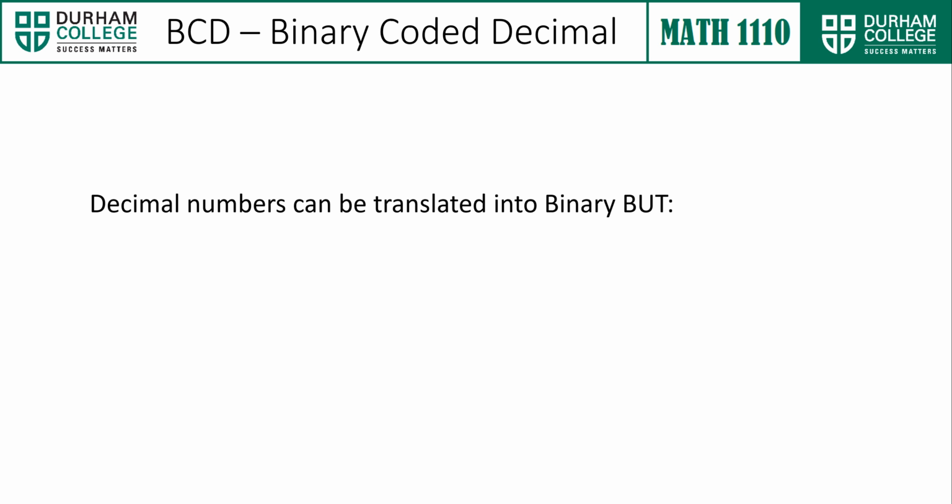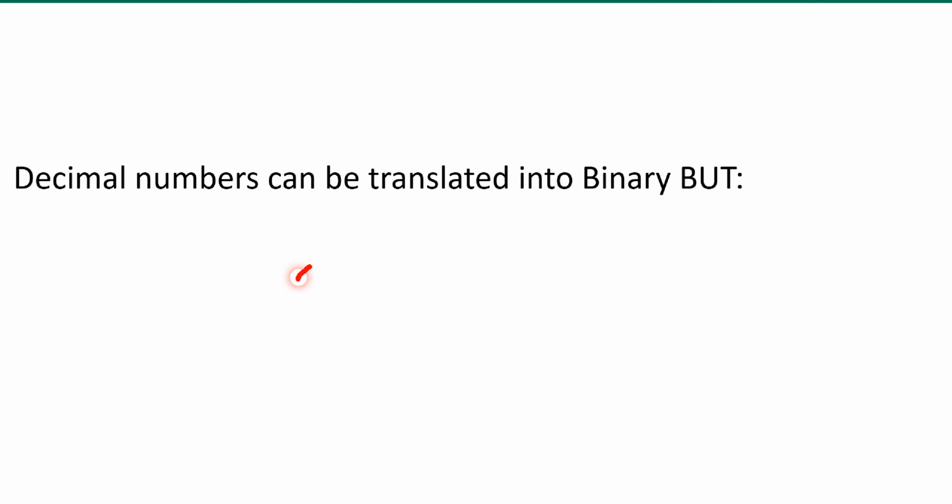So binary coded decimal, if you think about it, we can convert any number into binary. So for example, let's say we have a number 5139, right? If you remember the process of doing that, how we used to do it, we would have to think about this: how big is this number, right?